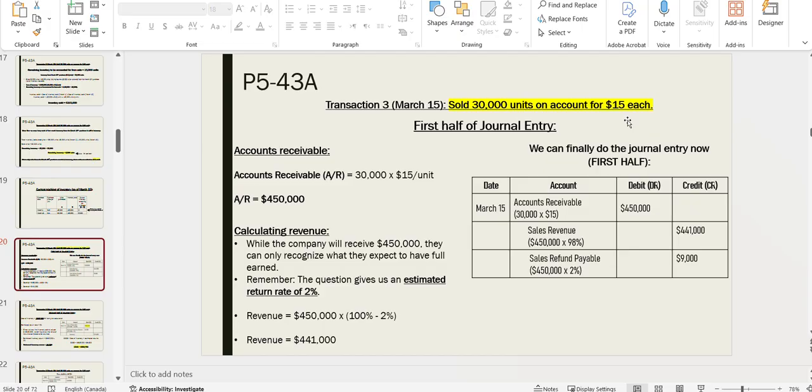We have a rule here: 2% of our revenue is our estimation of return. So it's like we owe this amount to our customers who return their purchase. This 2% must be considered as a liability to customers, and the remaining amount, which is 98% of that sale, is our sales revenue. And you know that when revenue goes up, we need to credit it.